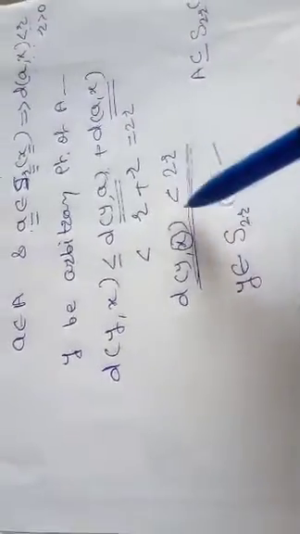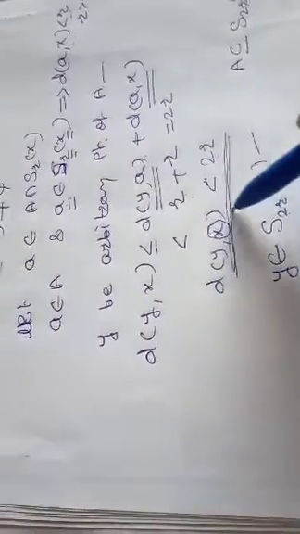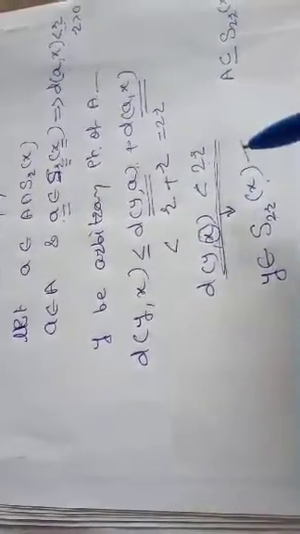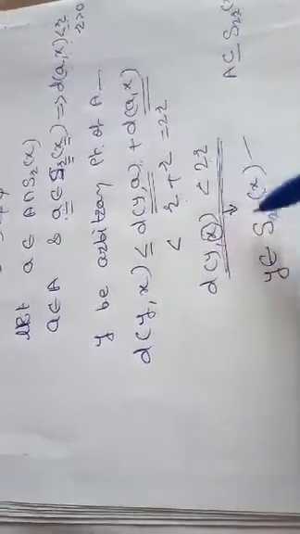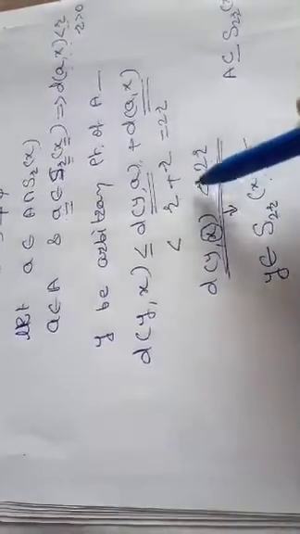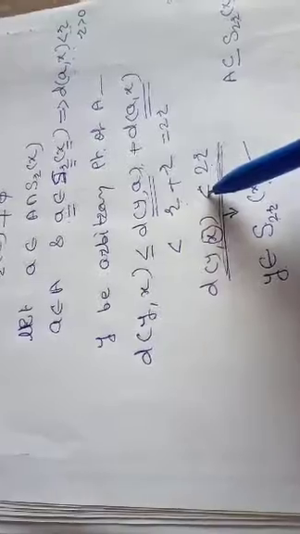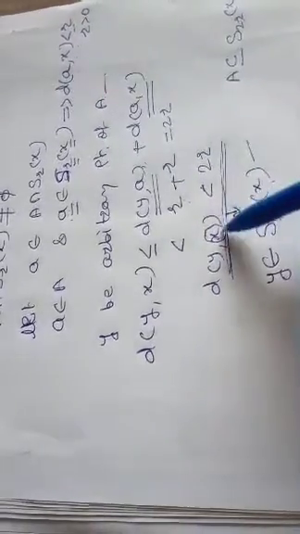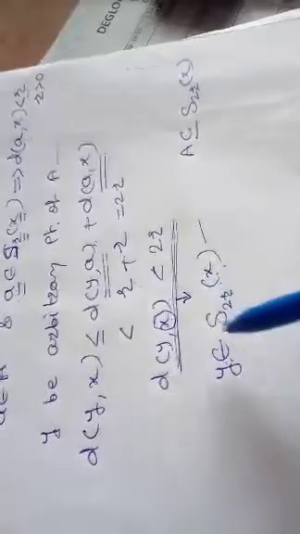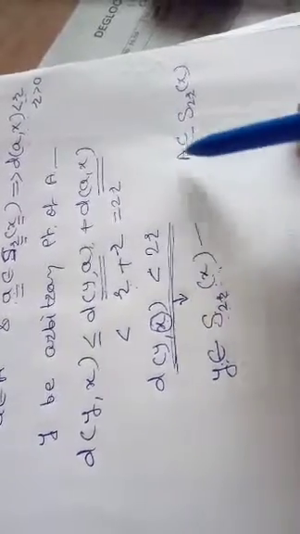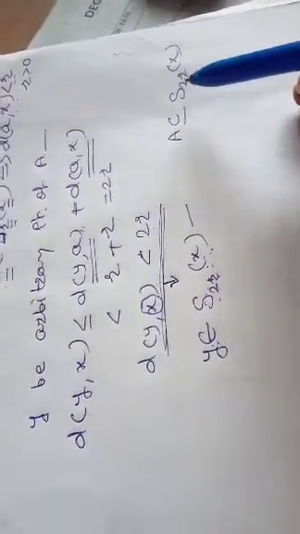Means d(y, x) is less than 2r. Now we write this in terms of open sphere. The radius is 2r, the center is x, and the point is y. So y belongs to S_2r(x). We started from y belongs to A and shown that y belongs to S_2r(x). Means A is a subset of S_2r(x).